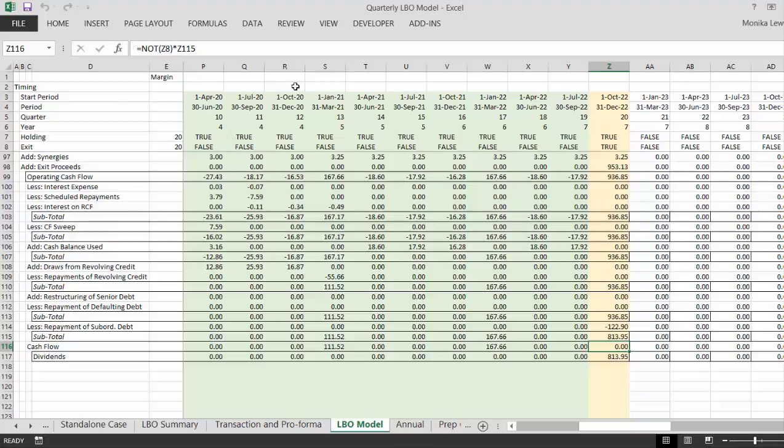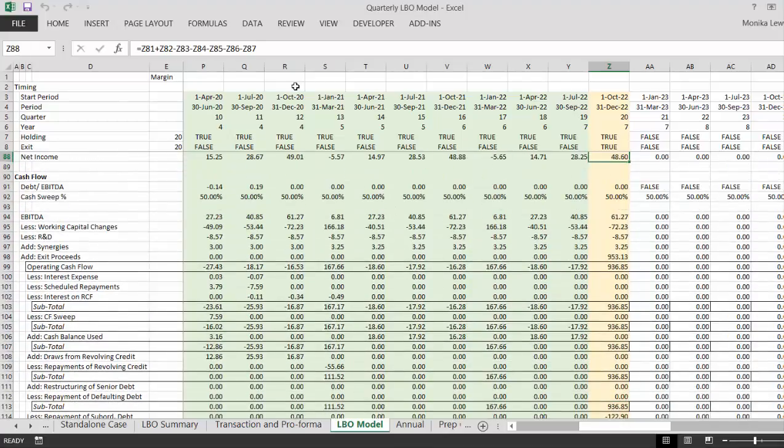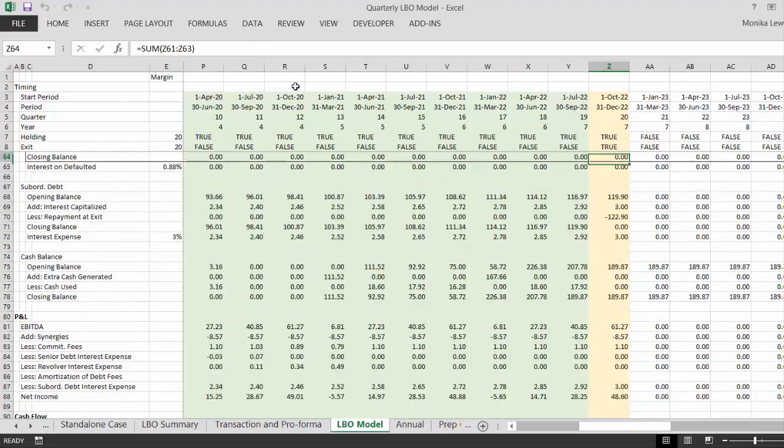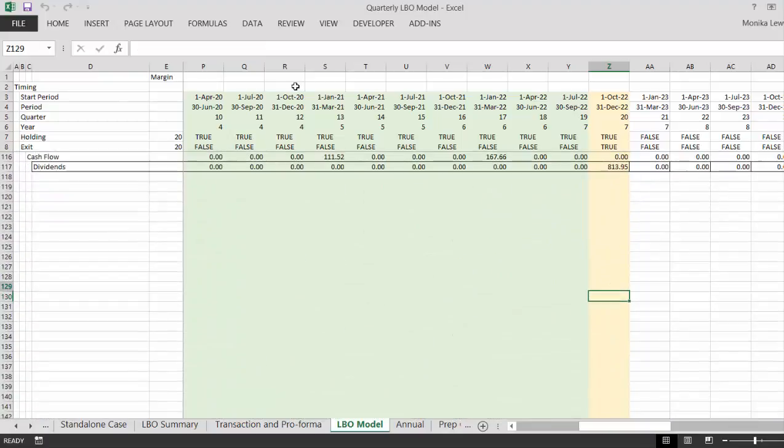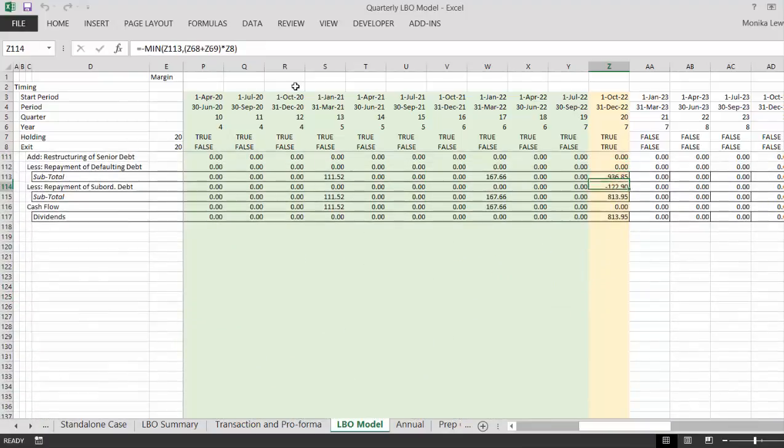Okay, and I think this is kind of realistic how you might really do this. Our cash balance has 189 in it, and we should have paid that cash balance down here.